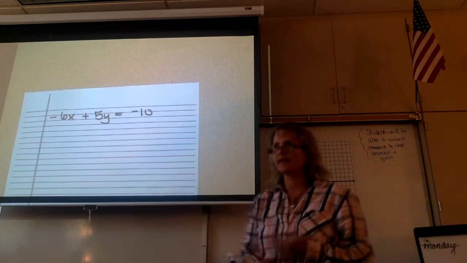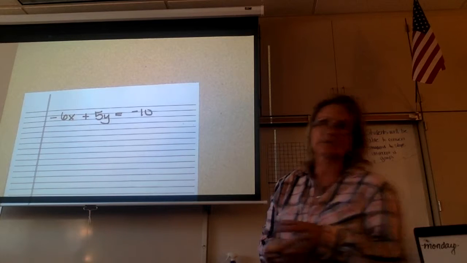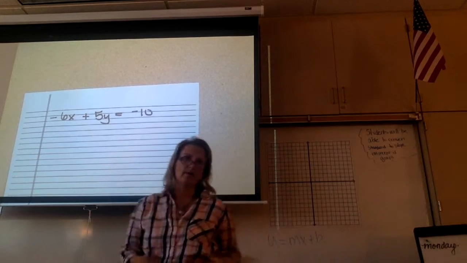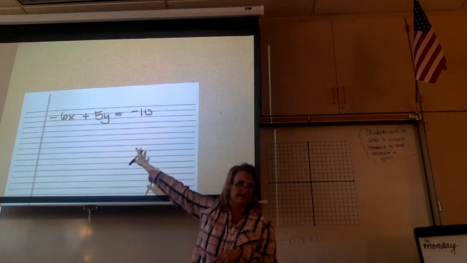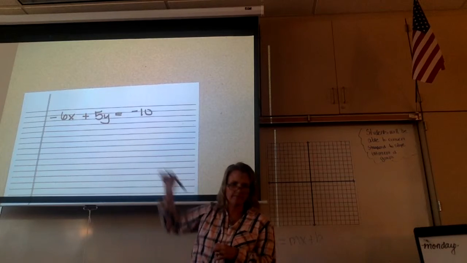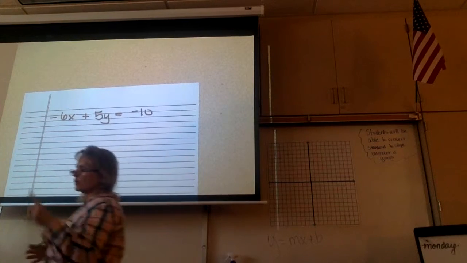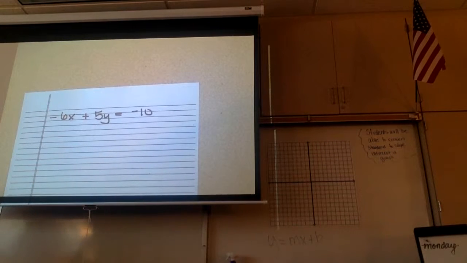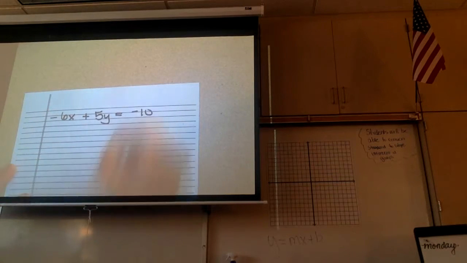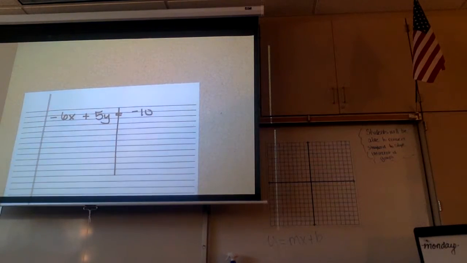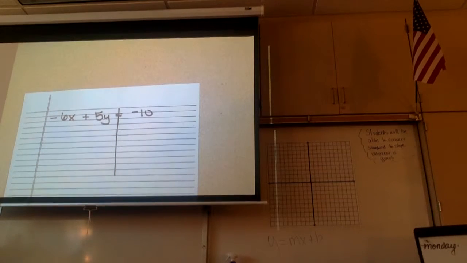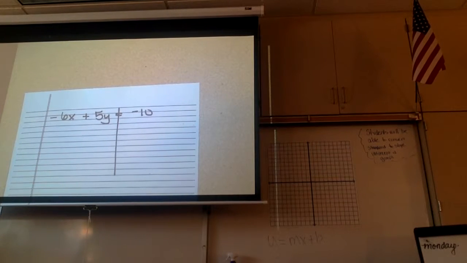Ax plus by equals c is what you're going to see in a textbook, okay? Those really don't help me at all. I can't graph that. I don't know what that looks like. So I need to get the y alone. What was step one? Draw a line over the equal sign. Right side, left side.